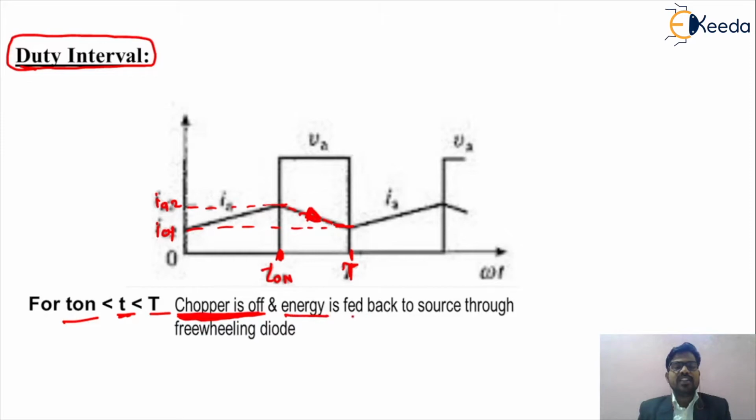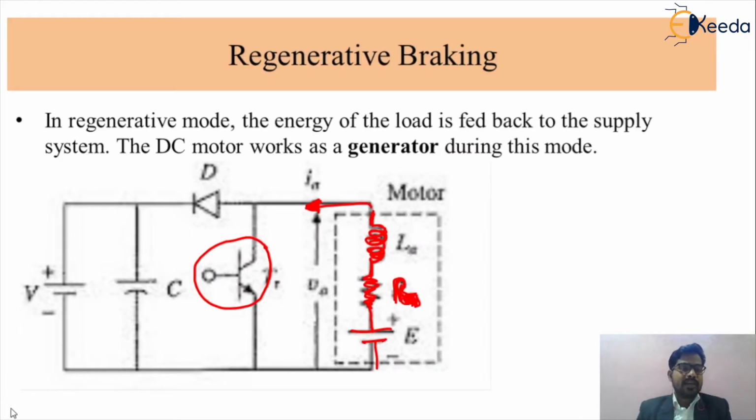So what will happen when the value of the armature current decreases? The energy is fed back to the source through the freewheeling diode. The energy stored in that particular circuit will be fed back to the source. As we have seen in that diagram, the energy stored in that particular inductance will be fed back to your source.